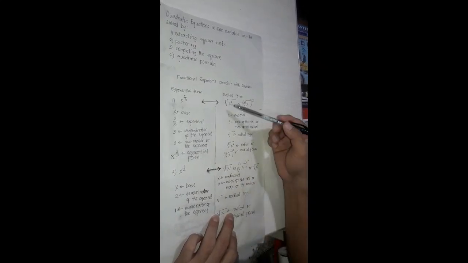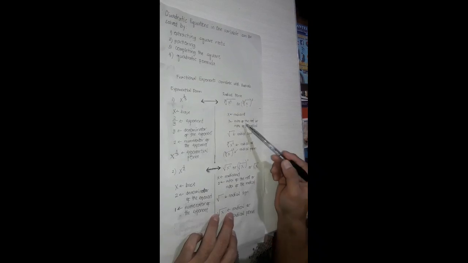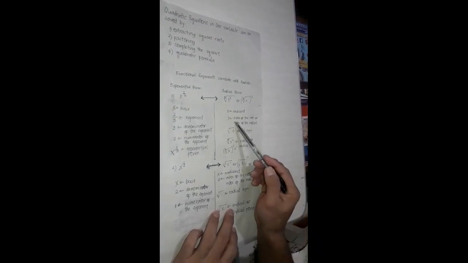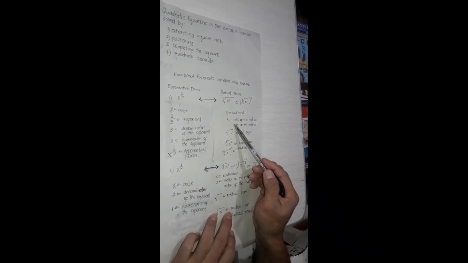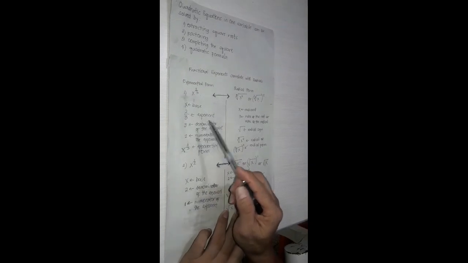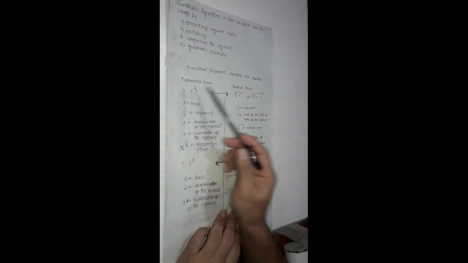Then 3 is the index of the root or the index of the radical. In the exponential form, 3 is the denominator of the exponent, since once it is a fractional exponent, that resembles radicals.